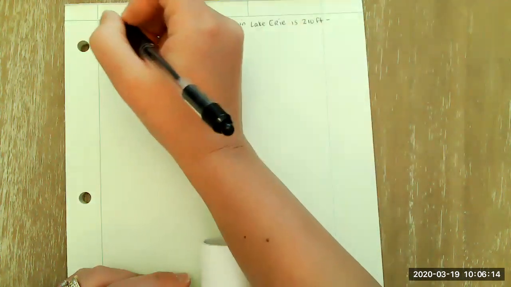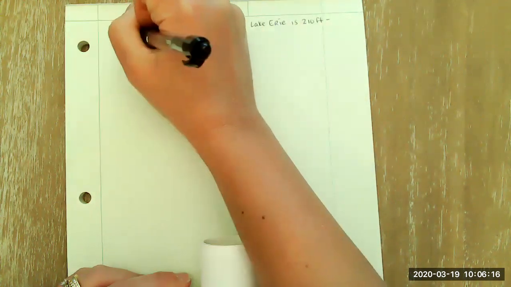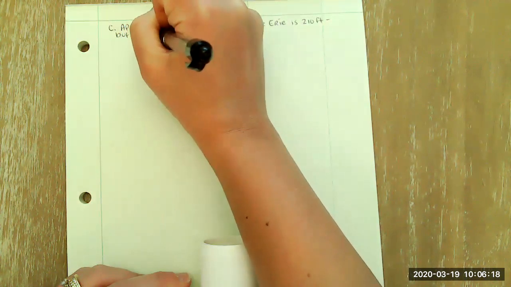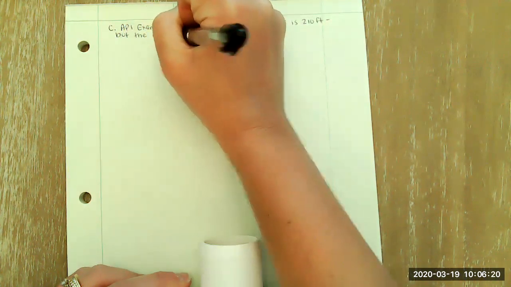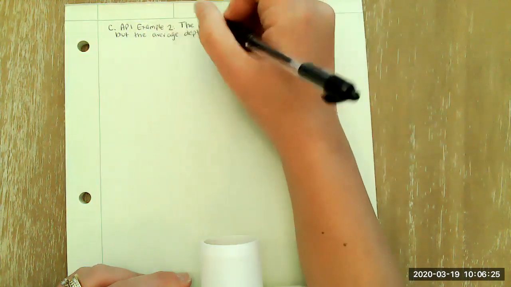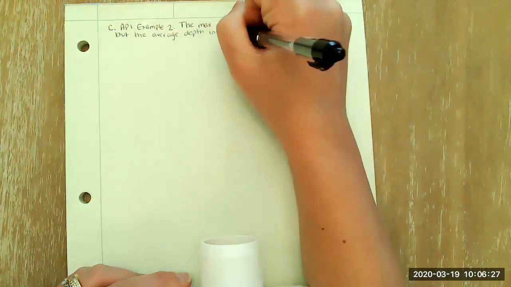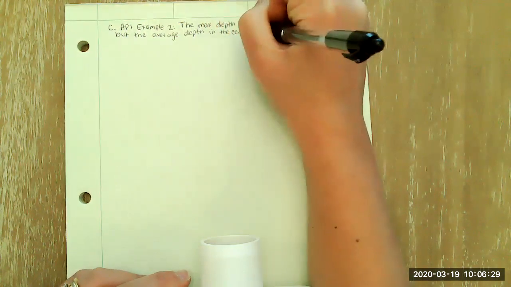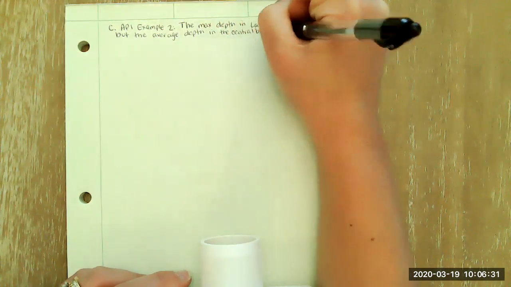But if you're in Lake Erie, the average depth in the central basin, so the central area, is only 60 feet.